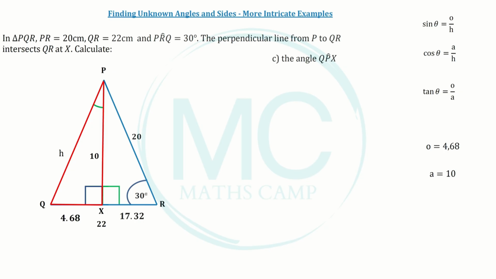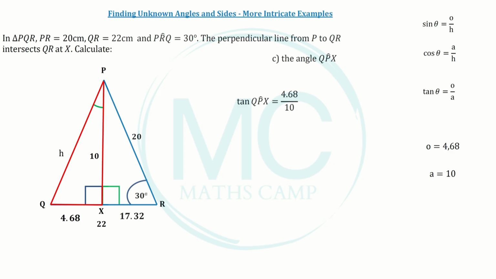We can use a trigonometric ratio that considers the opposite and the adjacent, and tan considers both of these. So now we can say tan, let's say angle QPX is equal to the value of the opposite side, 4,68, over the value of the adjacent side, which is 10.